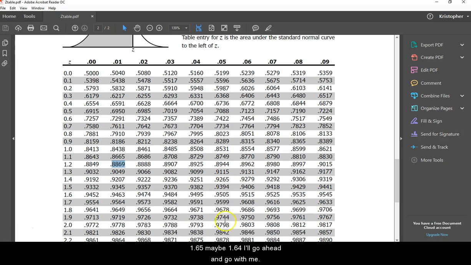Now notice 1.64 and 1.65 are equally distant from 0.95, so we can choose either one. I'll pick 1.64. You can pick 1.65 if you want. On a test, I'm not going to count you out because of the small difference. So that will be our z-score.